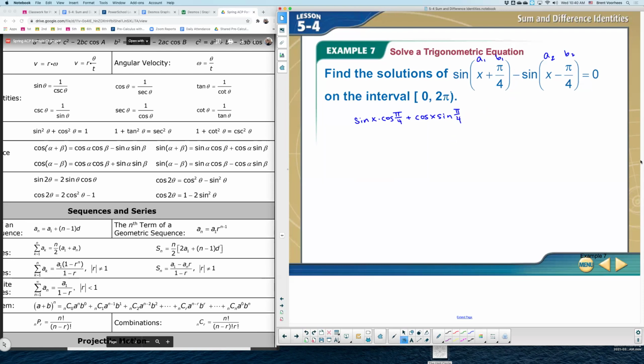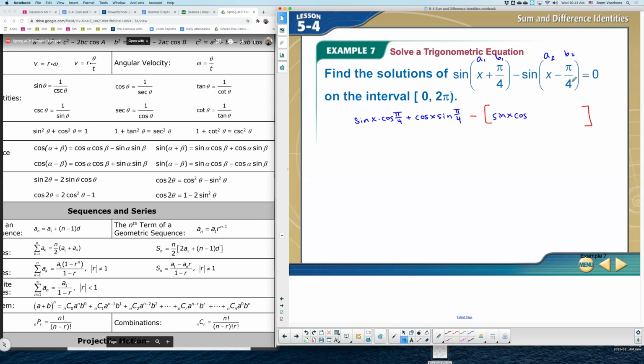Now I'm going to subtract. With subtraction, it's a little different because you need to make sure we distribute this. So I want to put it in these big brackets here. I'm now going to subtract, and I'm using the difference formula now. So it'll be sine A, so sine x times cosine B, my second angle, notice I treat it as the positive.